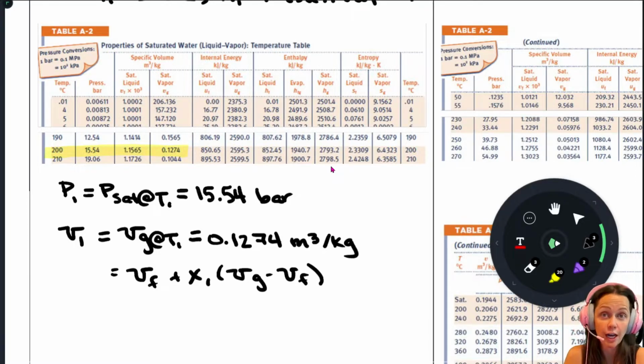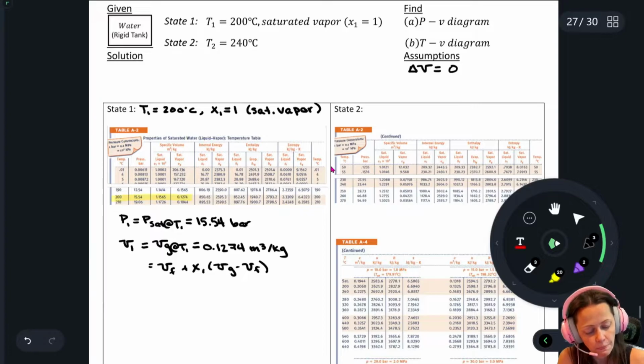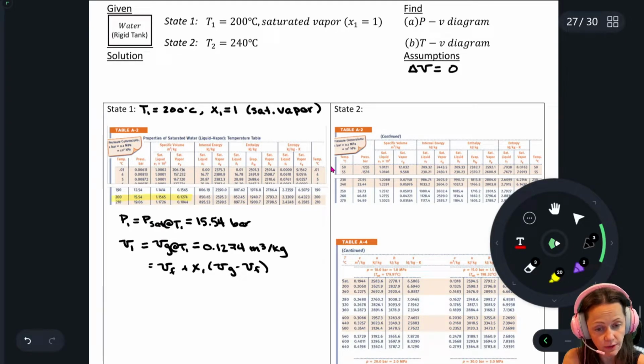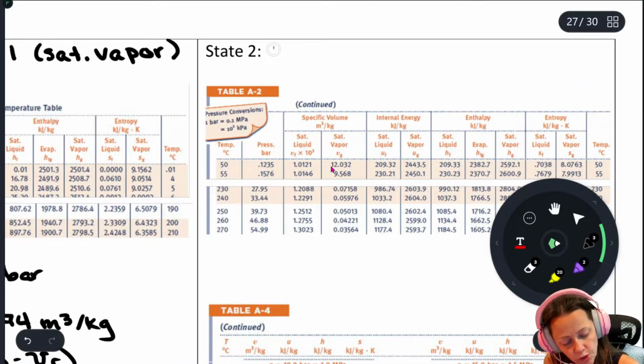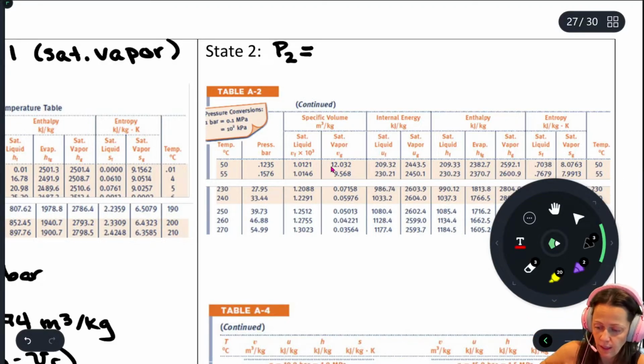Okay, so I've got all the stuff that I need for state 1. Actually, I'll wait on drawing things on the PV and TV diagram. Let's go ahead and look at state 2. At state 2, we've got 240 degrees Celsius, and the specific volume is the same at state 1 and state 2. So my P2, not my P2, I don't know that yet, do I?